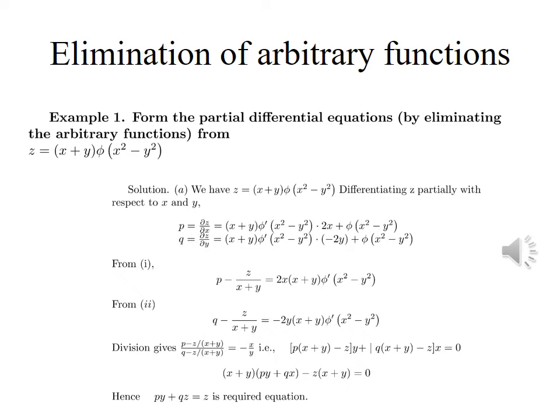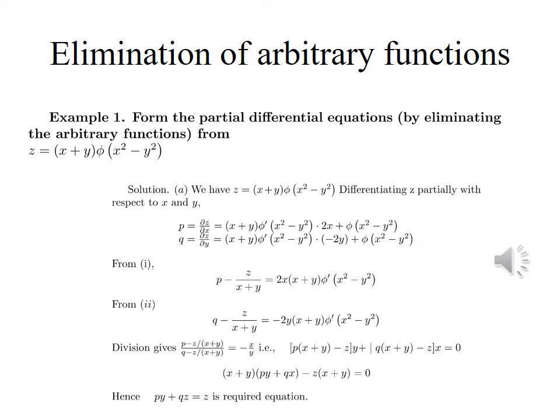Instead of constants, we eliminate arbitrary functions. We will learn this by doing some examples. See this example: form a partial differential equation by eliminating the arbitrary function from z equal to x plus y into phi of x square minus y square. Clearly you can say that phi of x square minus y square is the arbitrary function. We have to eliminate that.